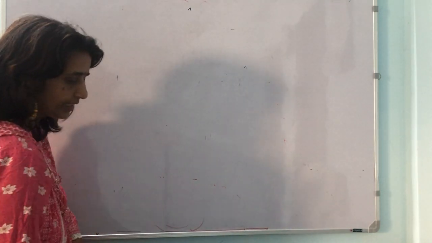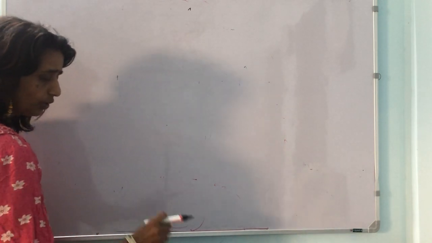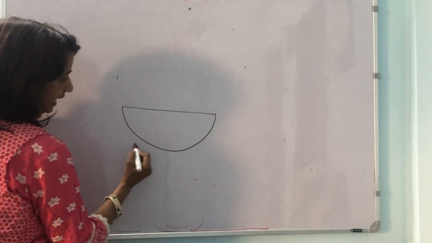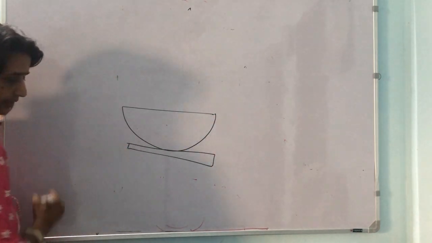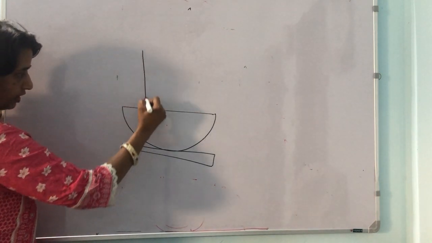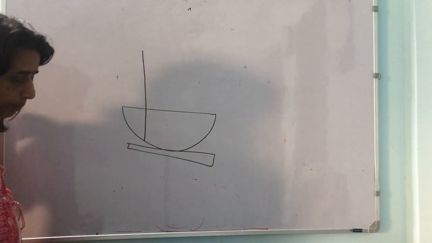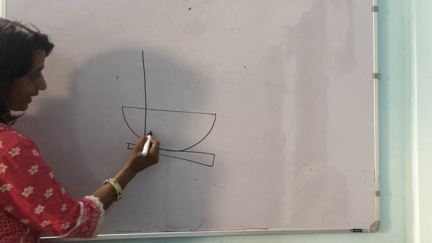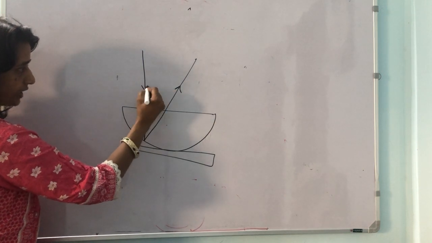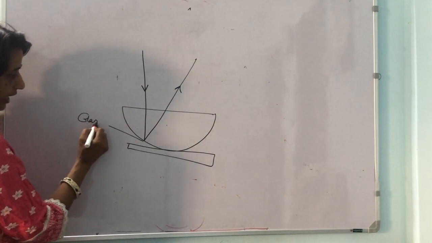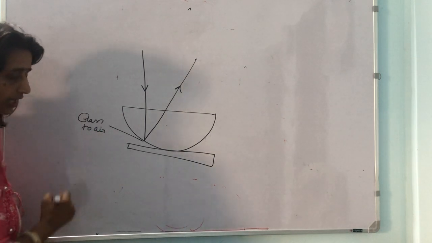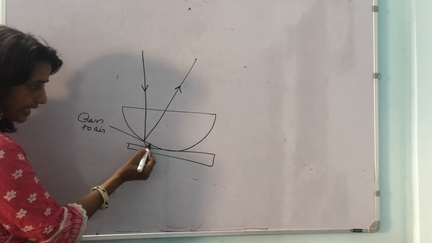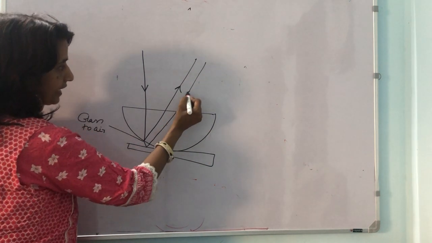So if we take a closer look at the plano-convex lens and the plain glass plate, a ray falls like this. One path it travels is from glass, directly getting reflected in air. So this is glass to air. The next ray of light comes into this air, takes a different medium and then gets reflected.